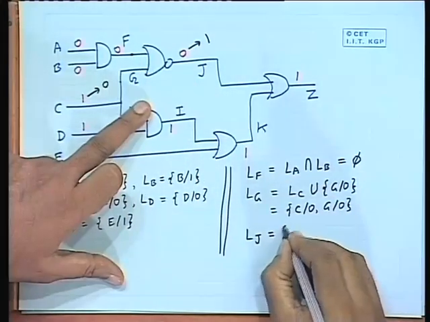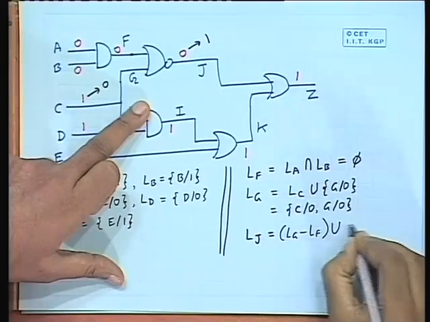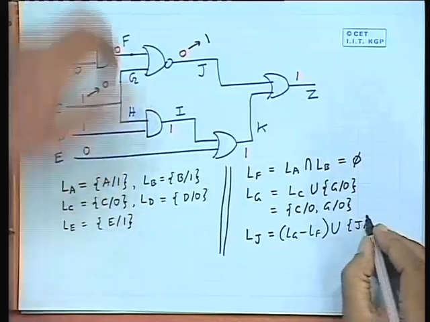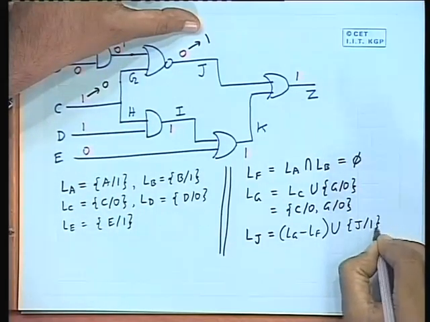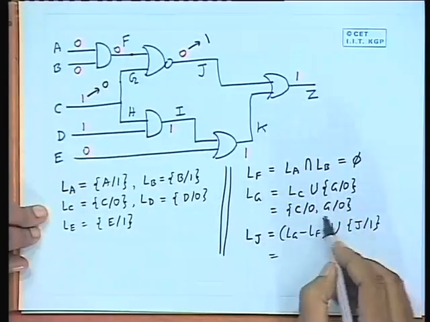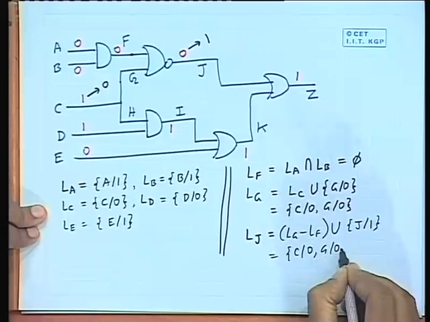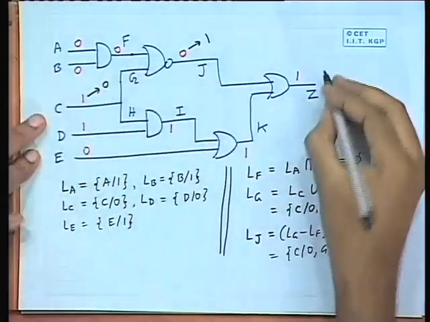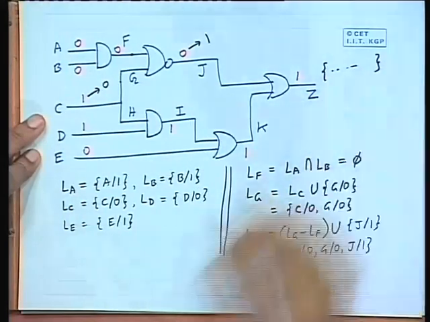So, it will be LG minus LF union the fault J stuck at 1. So, LG minus LF will be C stuck at 0, G stuck at 0, J stuck at 1. So, in this way you can systematically proceed till you will get some fault list in the output Z.